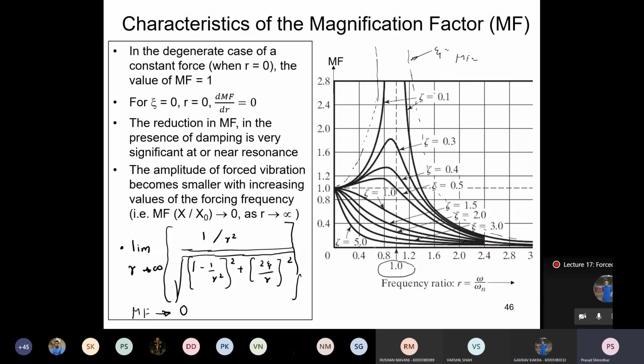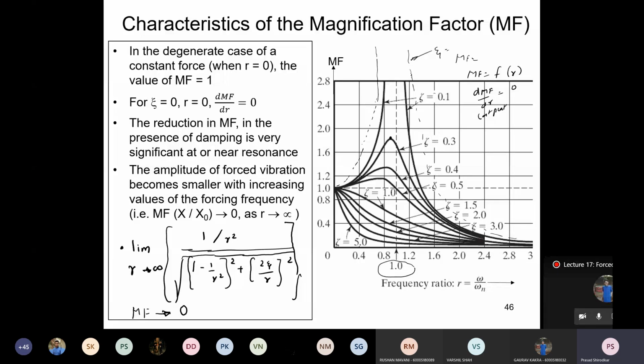These are the peak values, the maxima. At the maxima, the derivative of the magnification factor, which is a function of frequency ratio, with respect to the frequency ratio at the peak will be equal to 0.